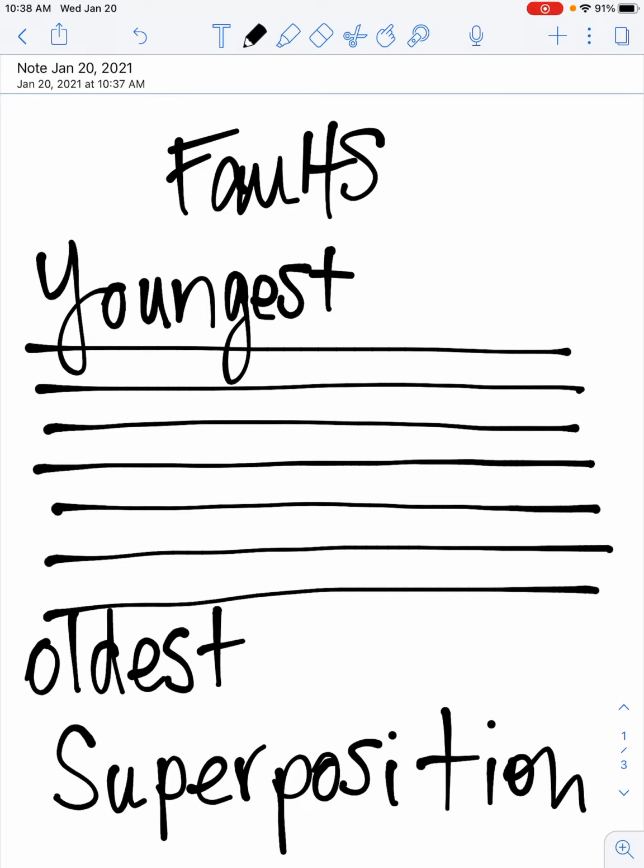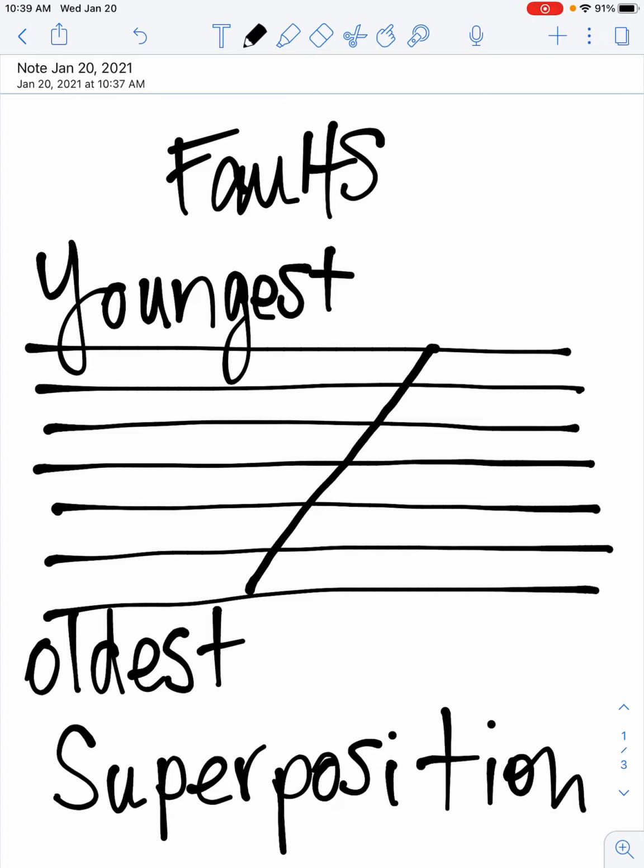But every time we have plates moving, we have things that happen to these rock layers that make it so they're not attributed to the principle of superposition. One of the things that happens is that sometimes rocks break. Maybe the plates are pulling on the rock layers, and they finally break, and sometimes they create what's called a fault.